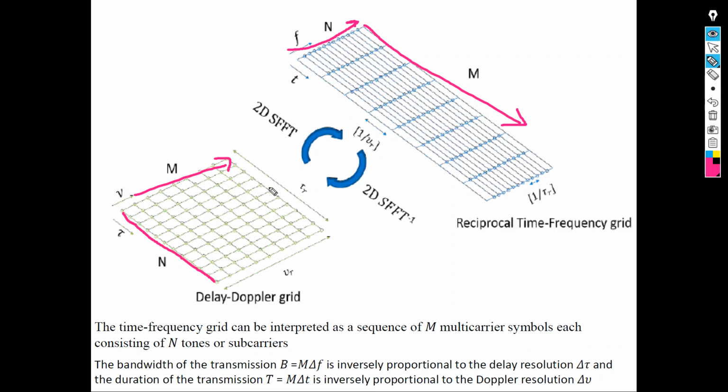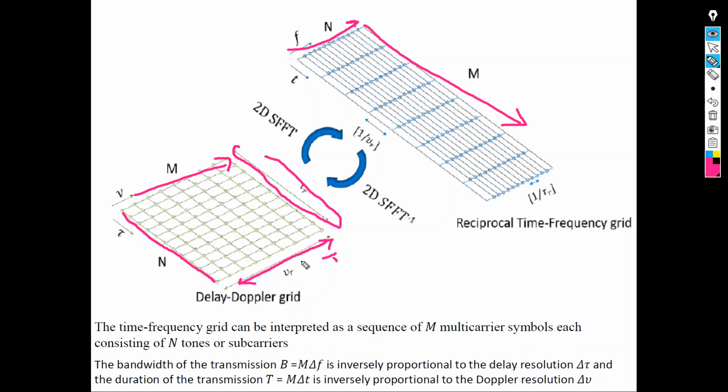This is the delay duration, Doppler duration, and here you get 1 over TR determines the spacing. Think of it like this is the OFDM symbol duration. 1 over TR determines the subcarrier spacing. And VR here is the length of the channel, TTI.